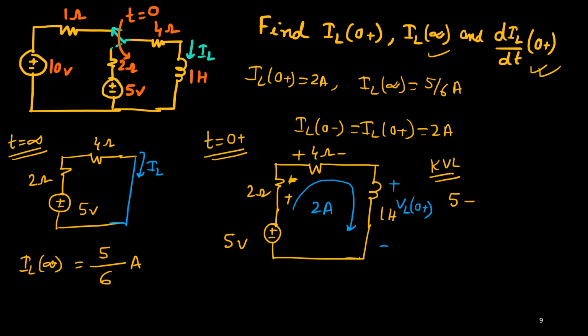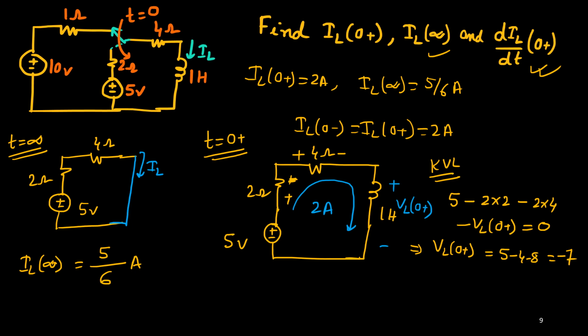So 5 minus 2 times 2, I into R, minus again across 4 ohm, current is 2 and resistance is 4, so 2 into 4, minus VL at 0 plus, that will be equal to 0. This is KVL. If you solve this, VL at 0 plus will be 5 minus 4 minus 8, so that will give you minus 12, 5 minus 12 is minus 7.